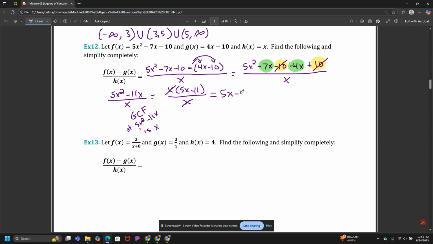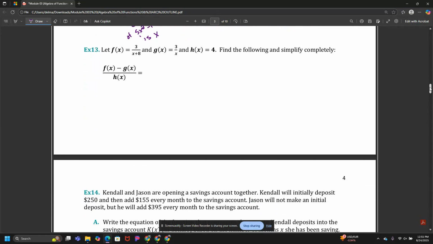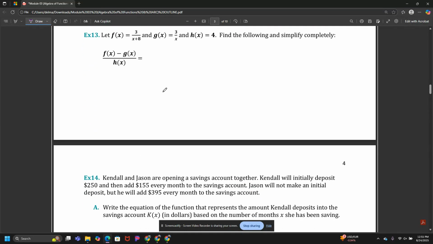So I'm left with 5x minus 11. Okay. And of course, as always, I recommend pausing and rewinding as needed.